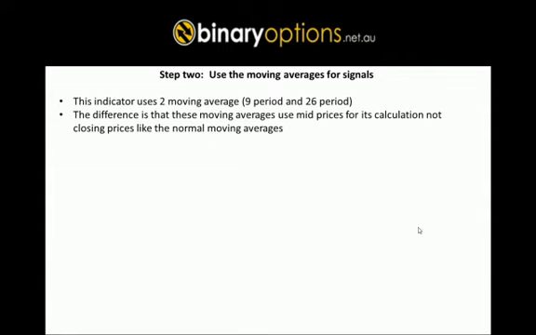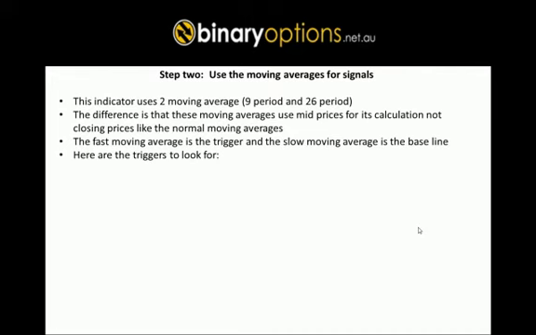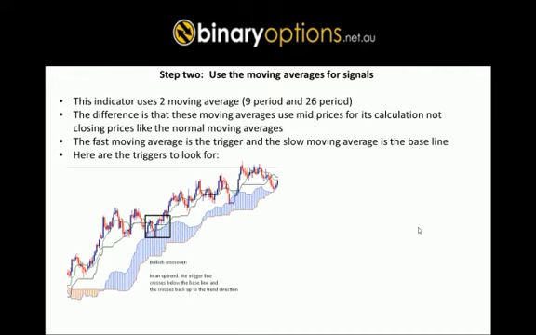The fast moving average is the trigger, and the slow moving average is the baseline. This is what we're going to call them when we are talking about the setups that we are going to look for.